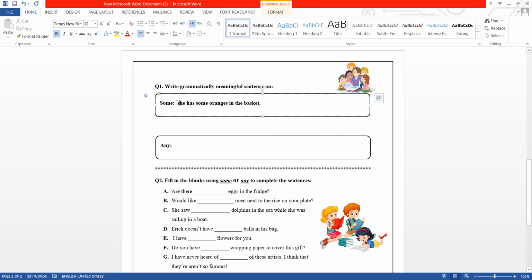Bravo. Oranges is a countable noun, and we have she has some oranges. It's a positive sentence. Some oranges, plural noun, in the basket.